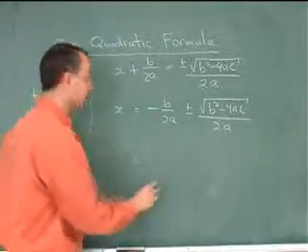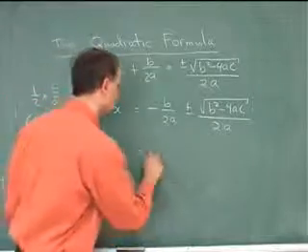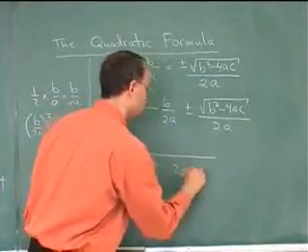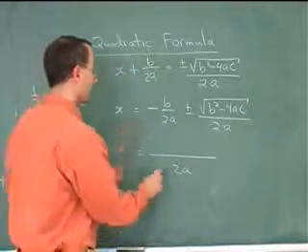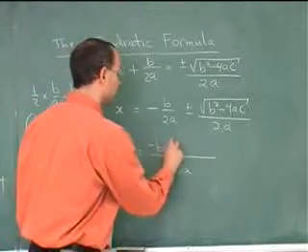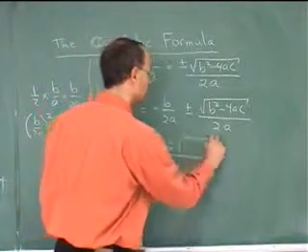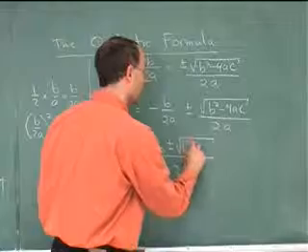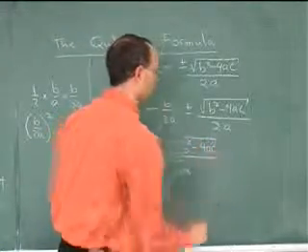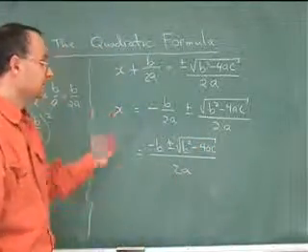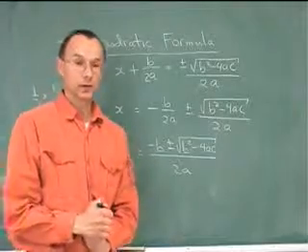It does have the same denominator, so 2a on the bottom, we have negative b plus or minus the square root of b squared minus 4ac. This is the quadratic formula.